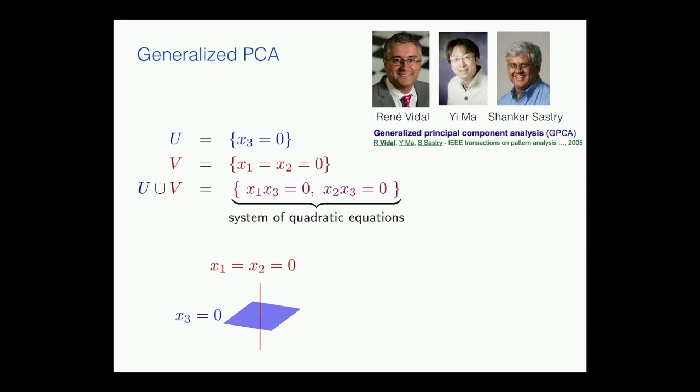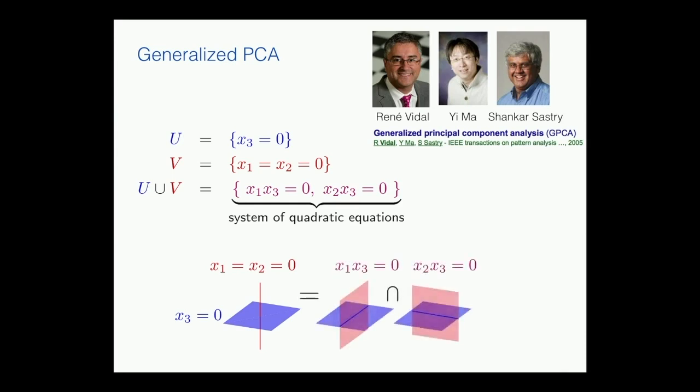So U union V, if points are in the union of those two subspaces, then it's true that x1 times x3 is equal to 0, and x2 times x3 is equal to 0. So you have that system of quadratic equations, and just graphically what it's saying is that the union of those subspaces is the intersection of these two sets. Okay? So I think if you just stare at that for a moment, you can see why that is so.